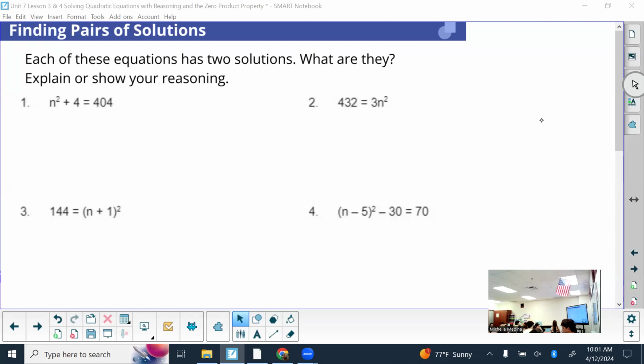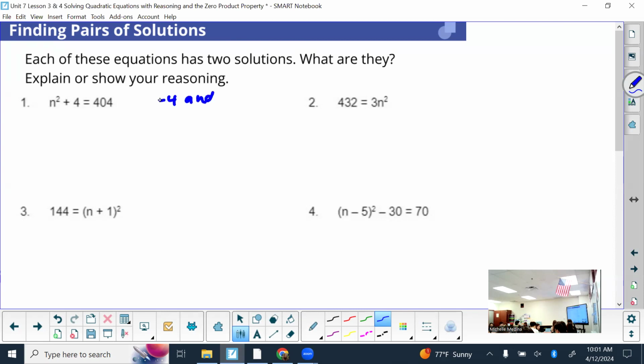But Josh, can you tell me what the solutions are for number 1? Okay, let's see. So, I mean, you could guess and check, but I think this way will be more effective moving forward.